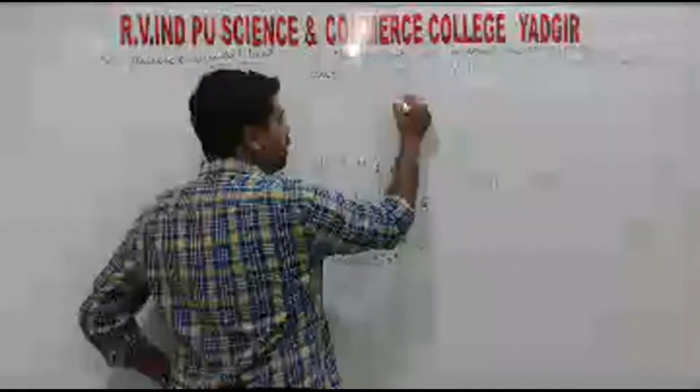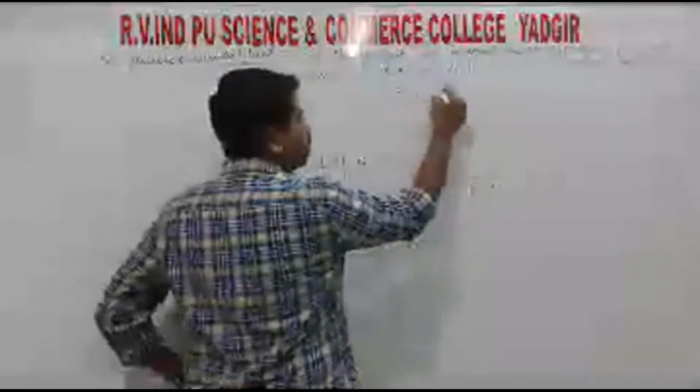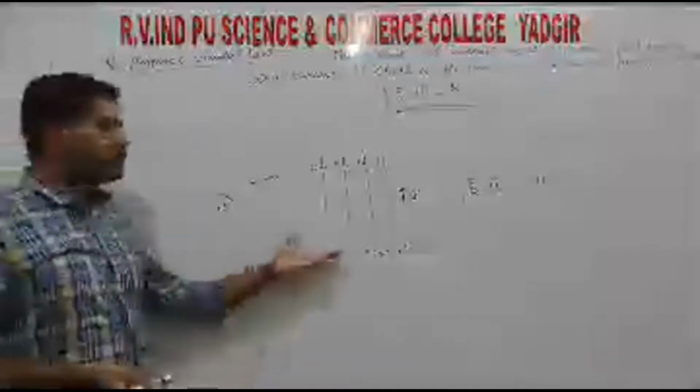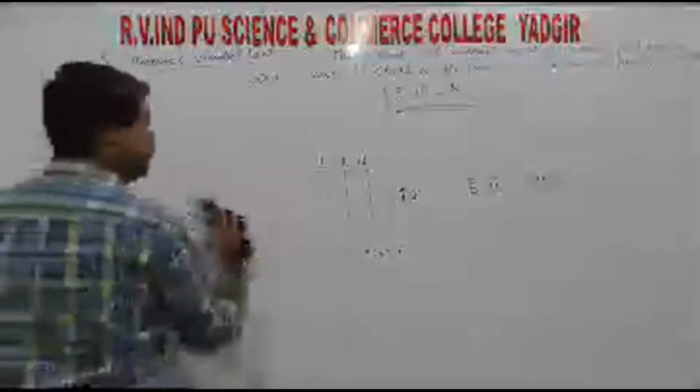So mathematically, we can write the line integral of B dl is equal to mu naught into I. This is the mathematical expression for Ampere's circuital law. This is the explanation.